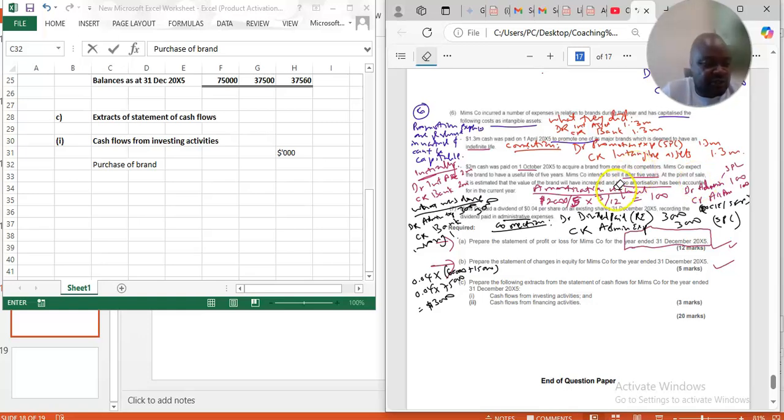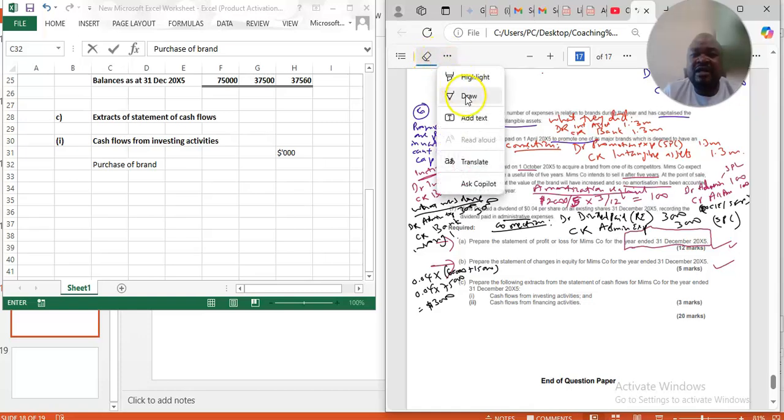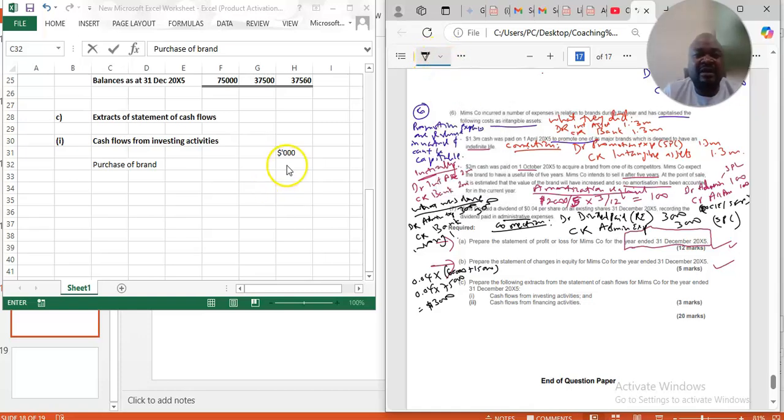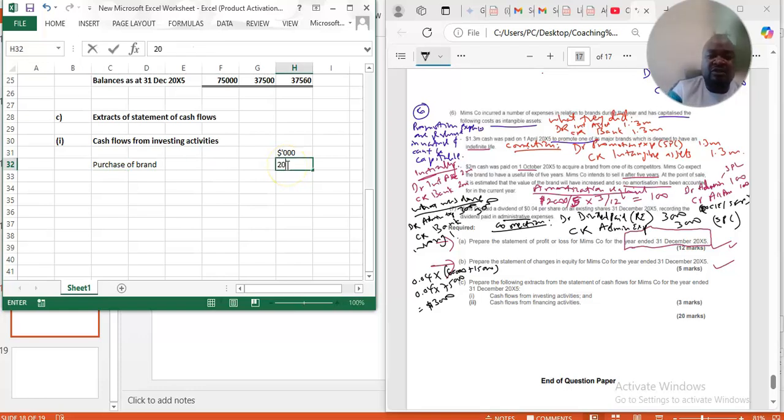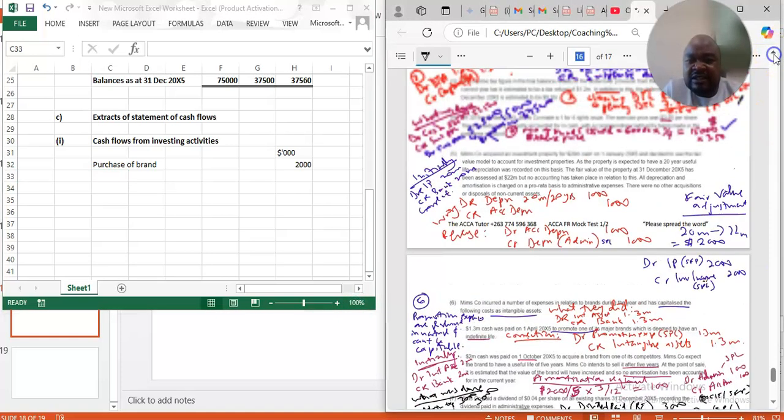Yes, so there is 2 million to acquire the brand. I'm no longer deleting anything. I'm now able to see. So that's 2,000. And then we also have a note where investment property was acquired. Investment property, yes, note number 5.